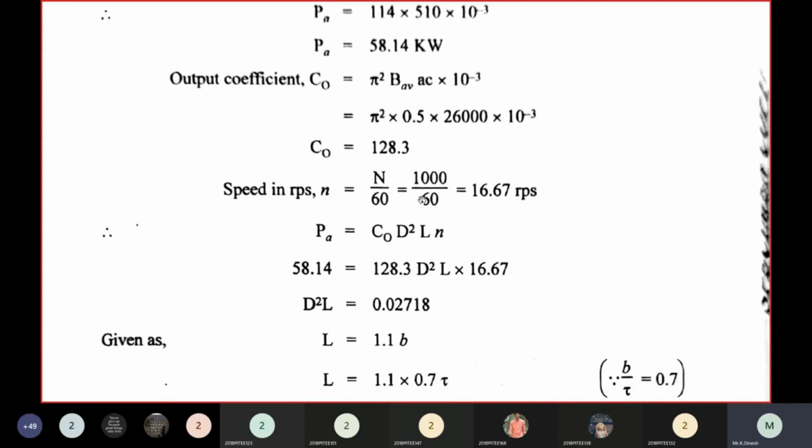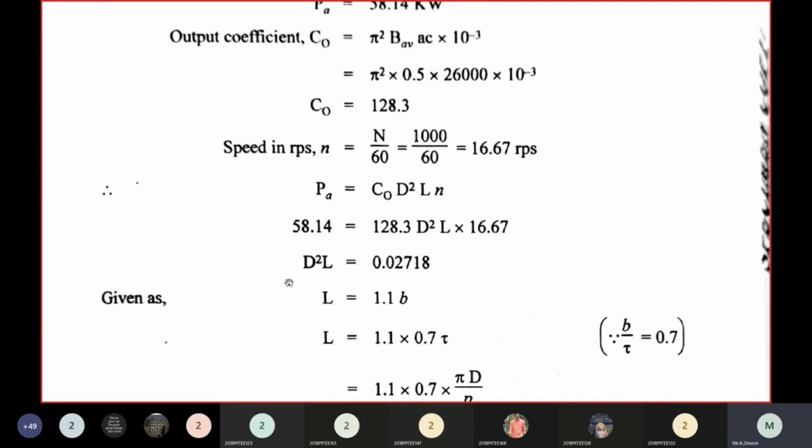Next, speed in RPS: 1000 RPM is given, divided by 60, you get speed in RPS 16.67. So once you find out n, C naught, everything, you can directly determine the value for D square L. So PA equal to C naught D square L n. PA is 58.14, C naught is 128.3, D square L into 16.67.